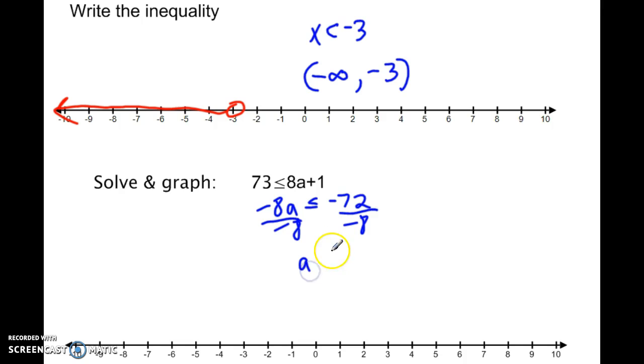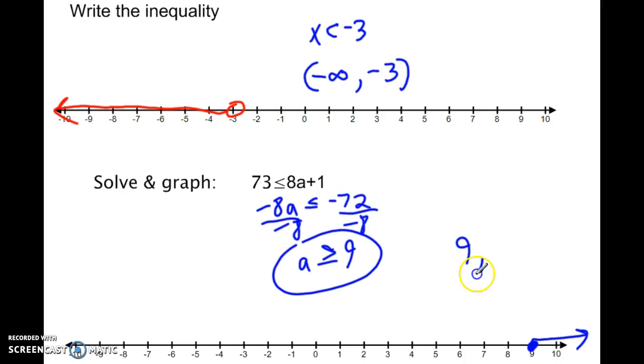A is greater than or equal to 9, because I divided by a negative. At 9, I have a closed circle, and greater than has an arrow to the right. The final answer could be written this way, or in interval notation from 9 to infinity. It has a bracket at 9 because it includes that point.